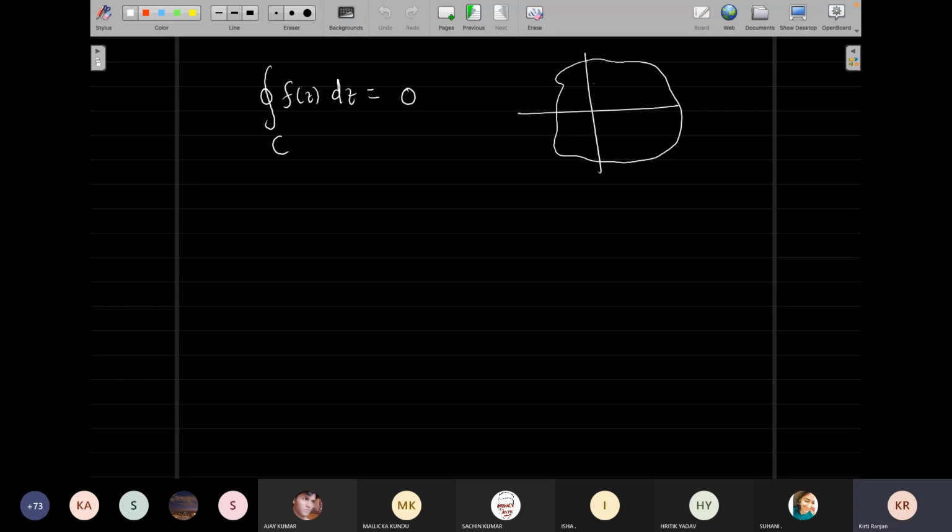even if we start talking about a path like this, is this a simple closed path? Now, if I draw this C in some domain, no, sir. It is not.